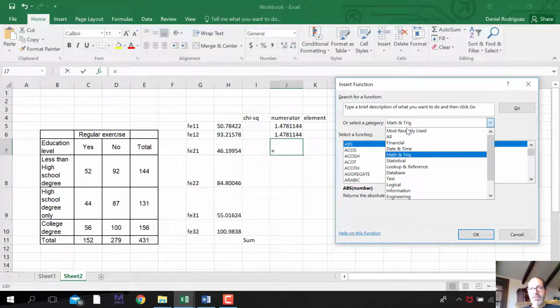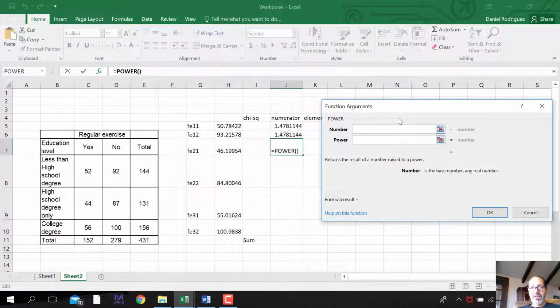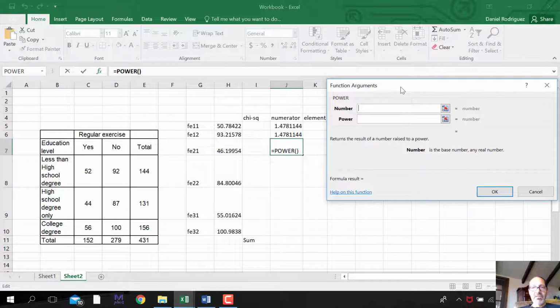Once we've done it a few times, power will fall under our most recently used functions, and you can just use that. So the number in this case is 44 minus the expected value for cell 2, 1, and we're doing the power.